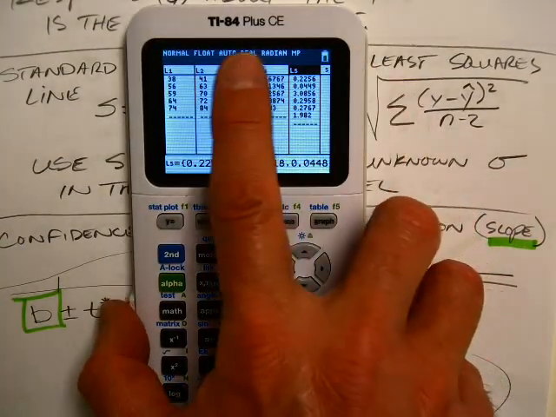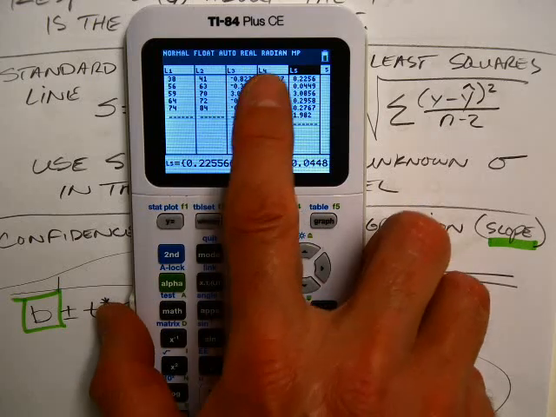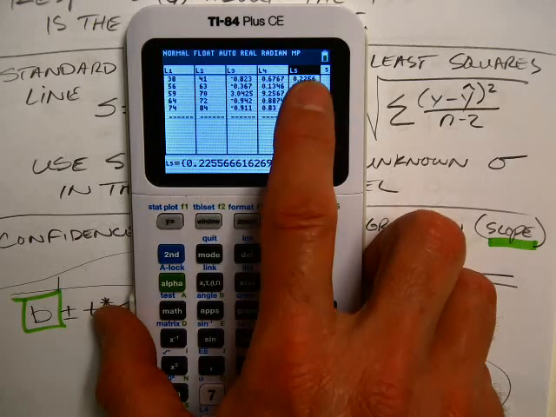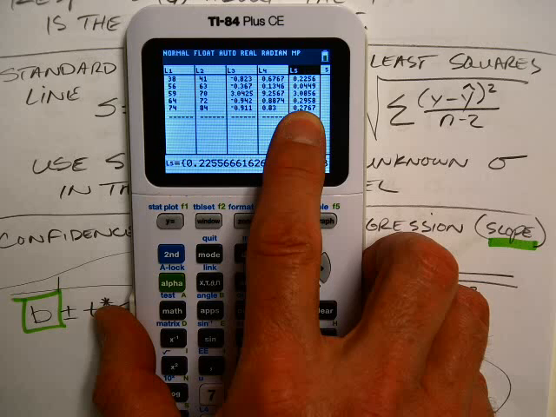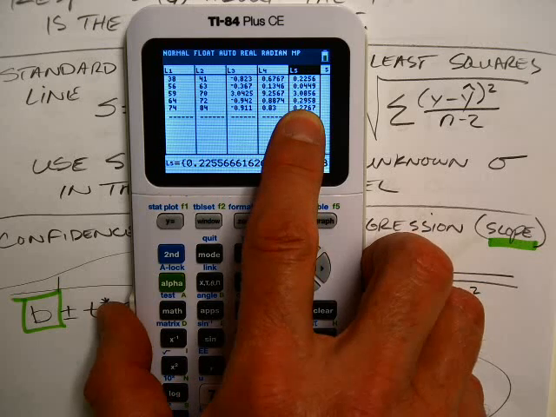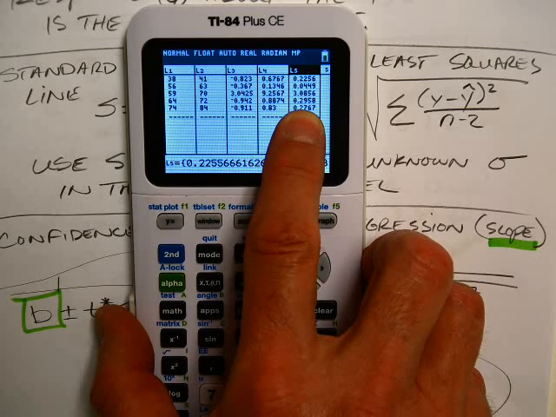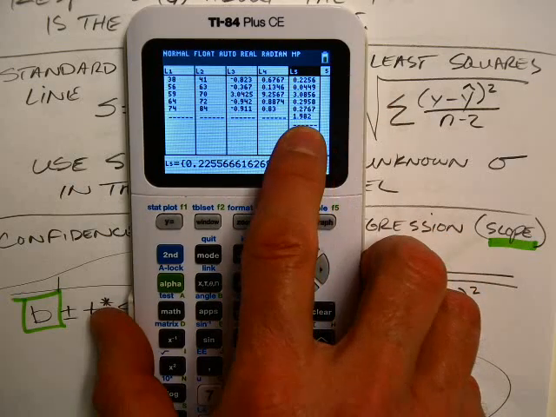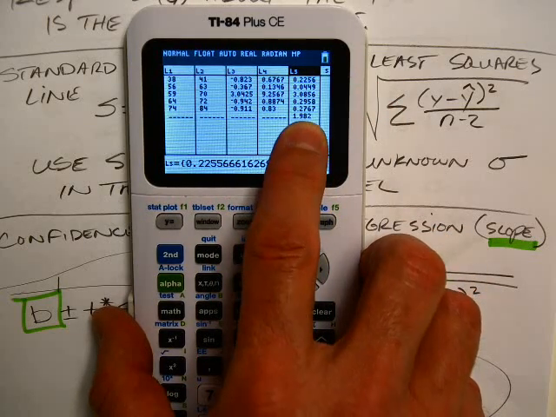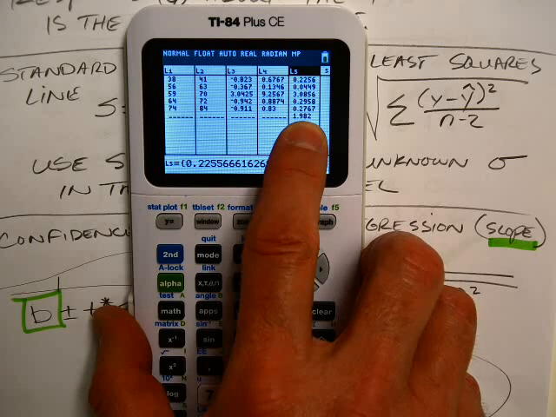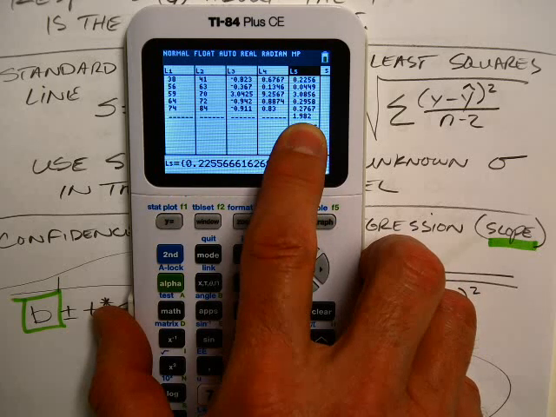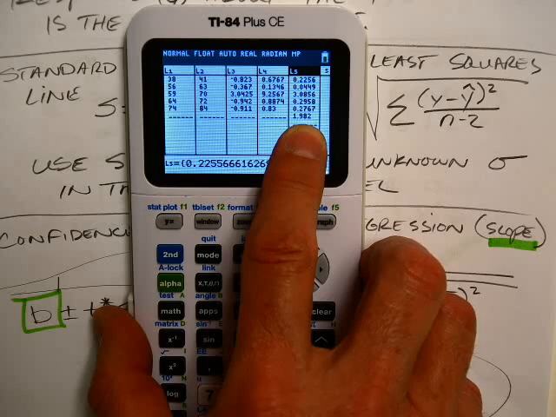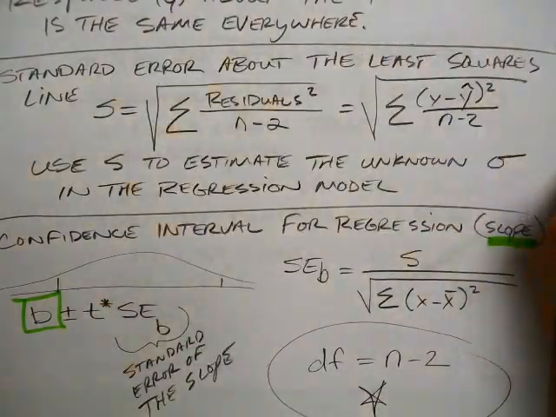So, residuals, residual squared, residual divided by n minus 2, which is 3. And then the square root of the sum. Okay, thank you for clarifying that. I was saying that wrong for sure.